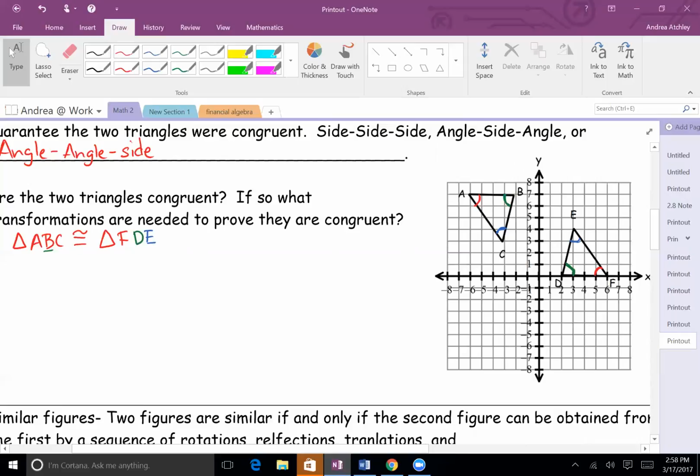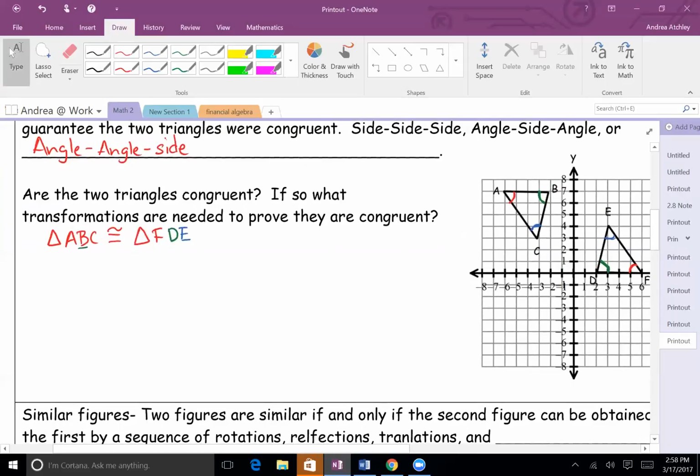I'm going to reflect my triangle across the y-axis to begin with. So I'm going to do that first.